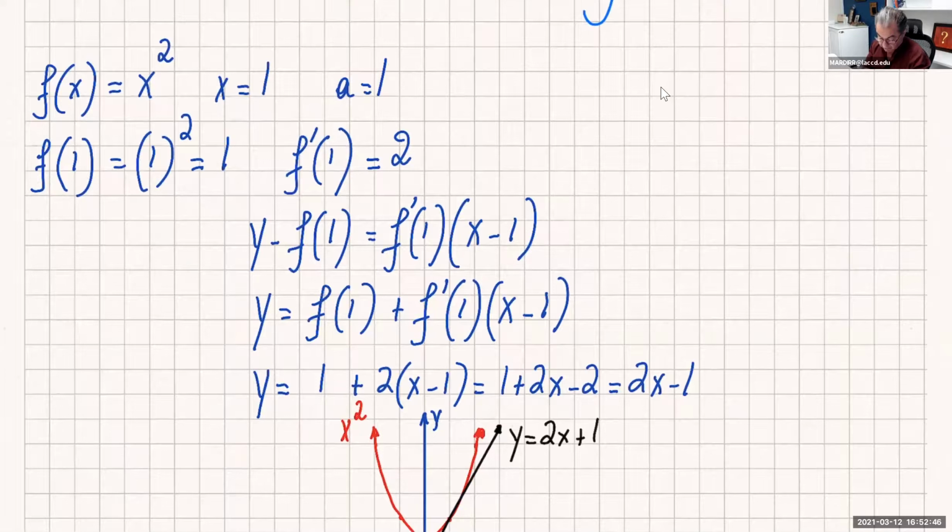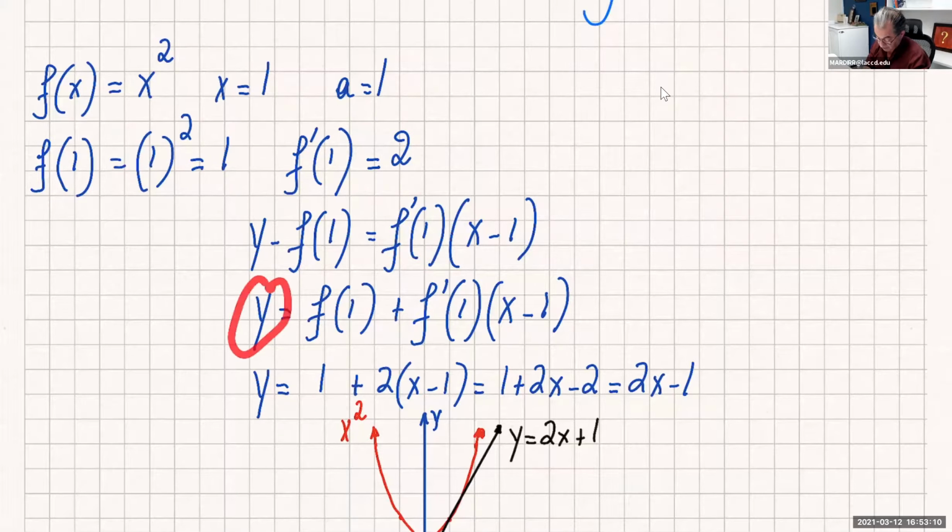If we have f of x is x squared and x equals 1, that means a equals 1. Find f of 1 first, which is 1 squared. Just substitute 1 here. You get 1. F prime of 1, we calculated that it was 2. So you just write y minus f of 1 equals f prime of 1 times x minus 1.